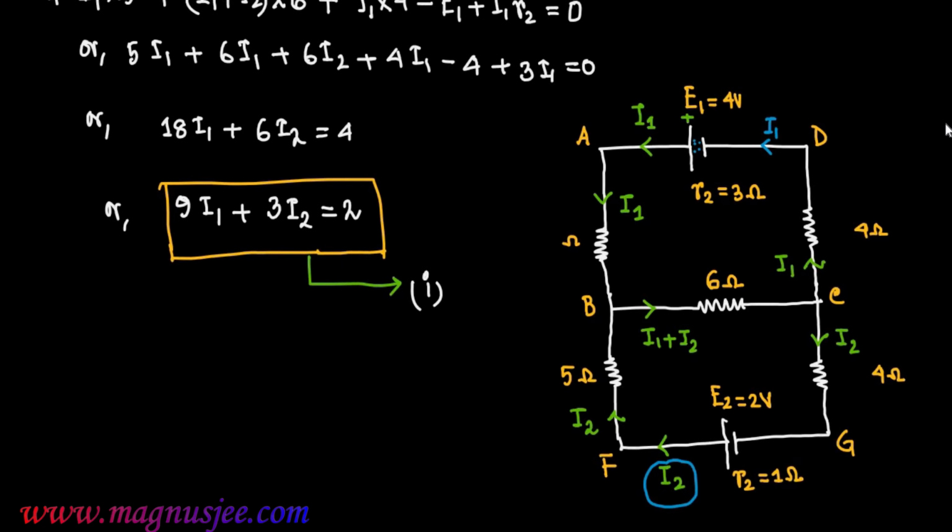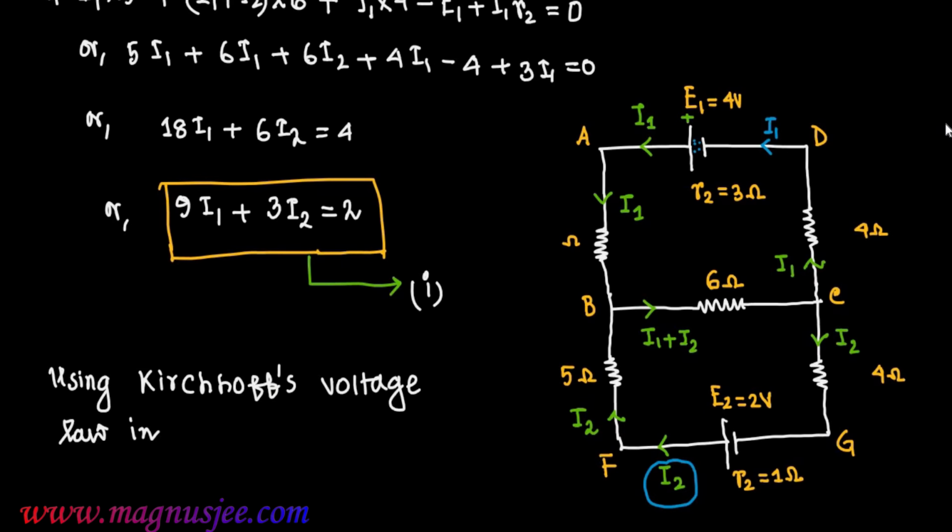We get 9I1 plus 3I2 equal to 2, using KVL in the closed loop ABCDA. Again, we can use Kirchhoff's voltage law in the closed loop FBCGF.